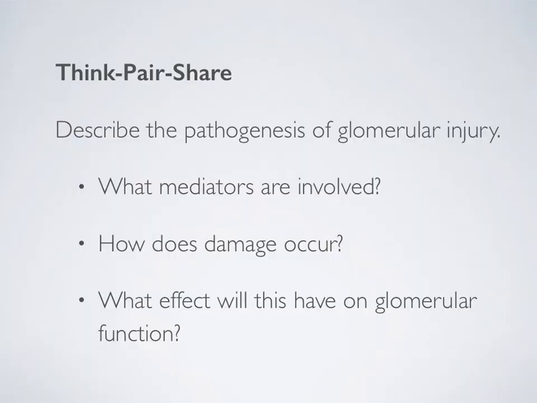So knowing this, knowing these antibody depositions, whether it's immune complex or in situ antibody deposition, is underlying glomerular injury, what do you think is the mechanism? I'll give you a minute to talk to each other about it.